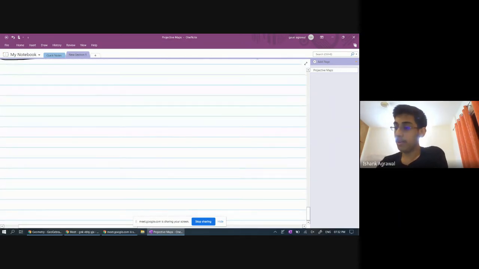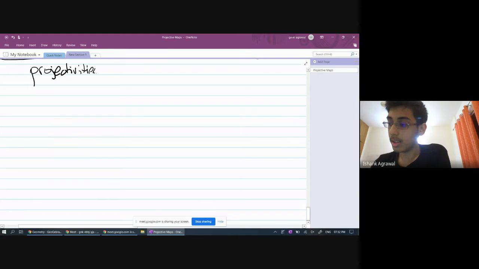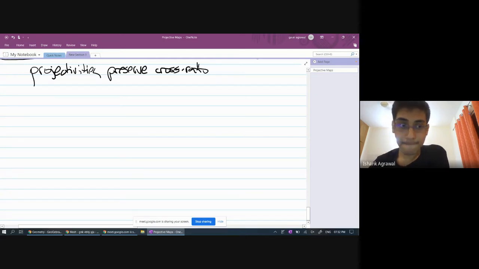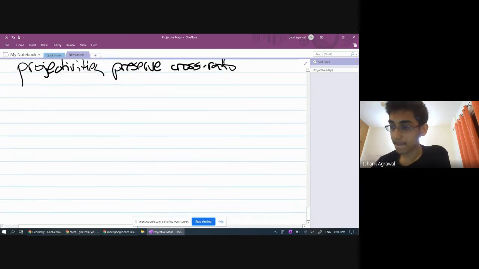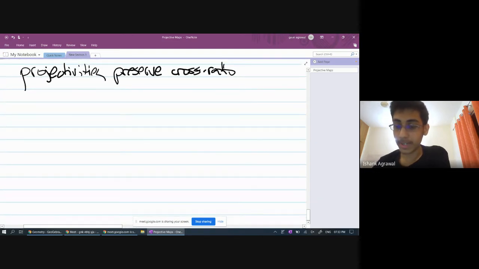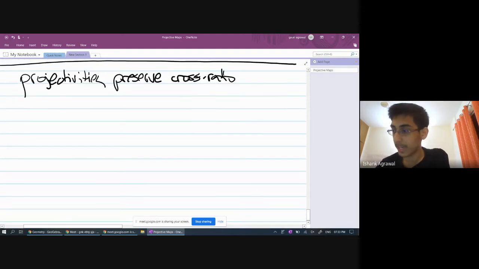Okay, so now we have shown that projectivities preserve cross ratio. Right? Everybody understood this, right? Projectivities preserve cross ratio. Yes. Okay. But actually, is the converse true?